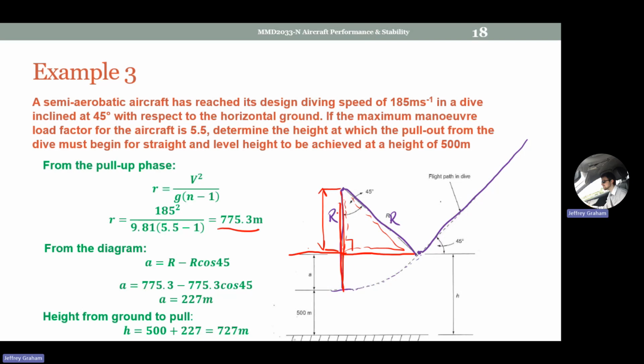Using this right angle triangle, we can then work out what this portion is, which is that calculation there. And then you can subtract the difference between the two. So we've got 700s minus this length here, leaving the 227 meters, that length there.